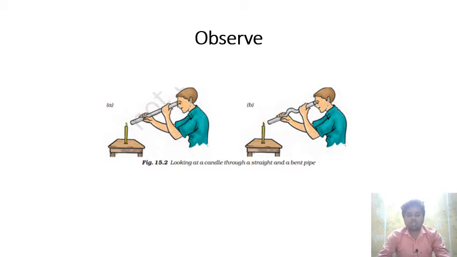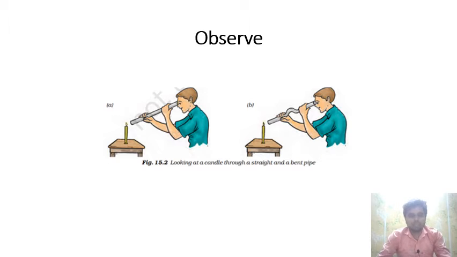You can do this activity at your home also, and then it will be very clear to you. But right now I am going to tell you the result. What will be the result if the man is looking at the candle with a straight tube and if the man is looking at the candle with a bent tube?